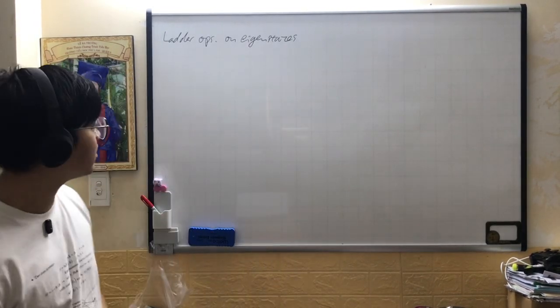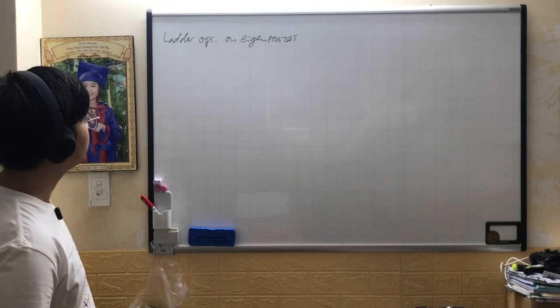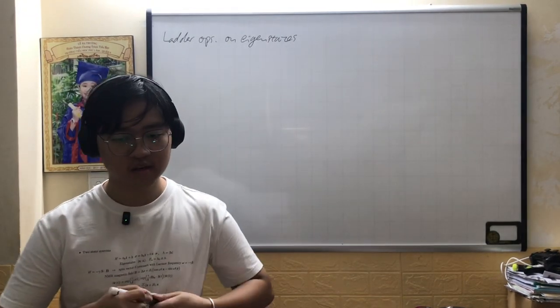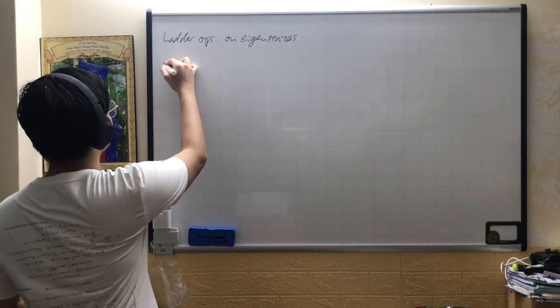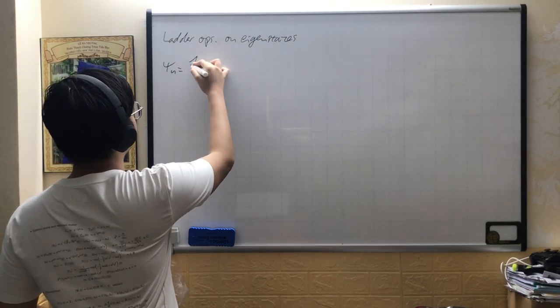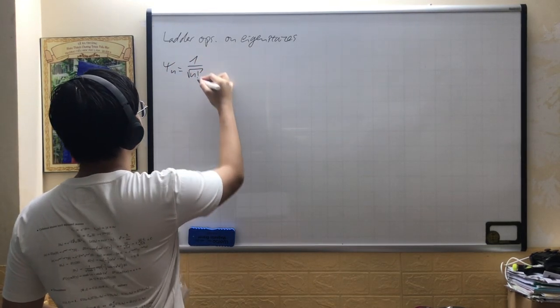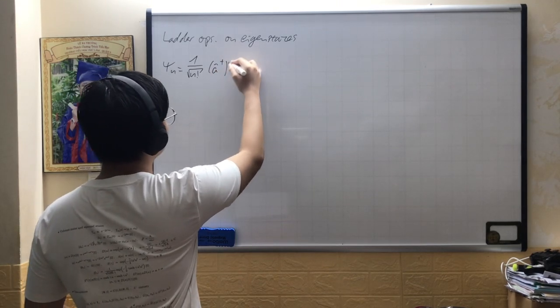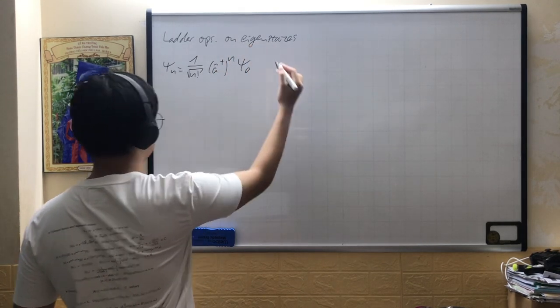Today we're gonna talk about ladder operators acting on eigenstates. So, quick reminder is that your general form for an eigenstate in the harmonic oscillator is something like this.